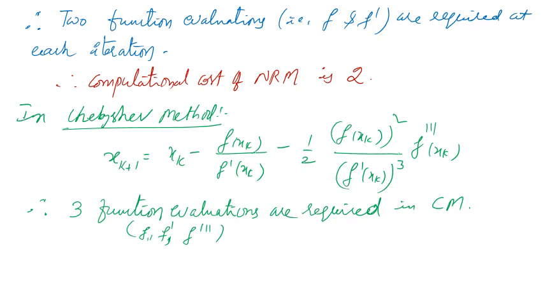CM means Chebyshev method. Therefore the computational cost of the Chebyshev method is 3. Okay. Similarly you can define Muller's method also. I will stop this one here and let us see the third point.